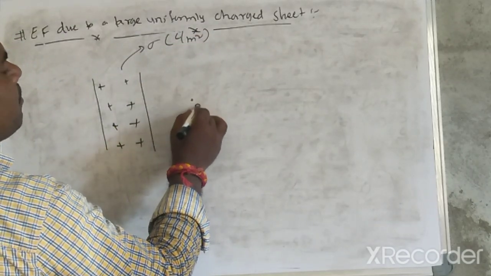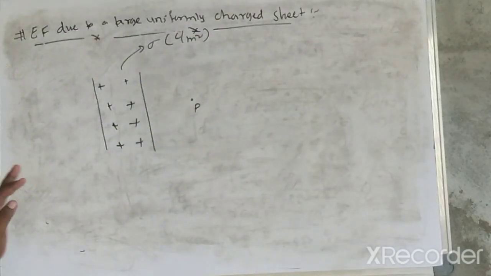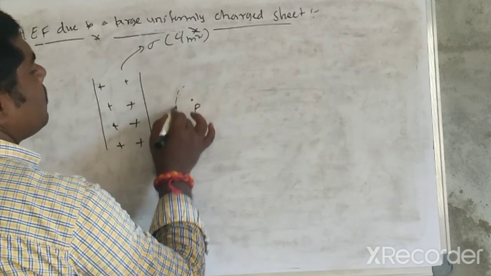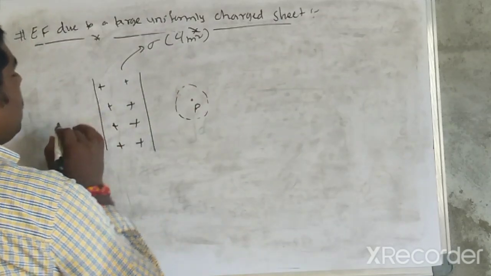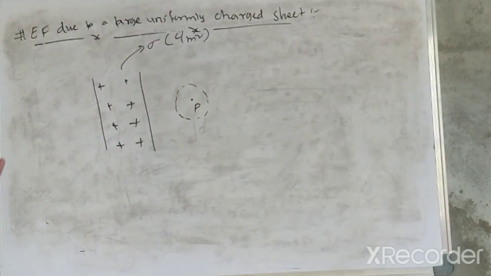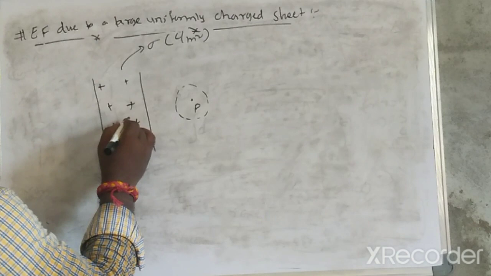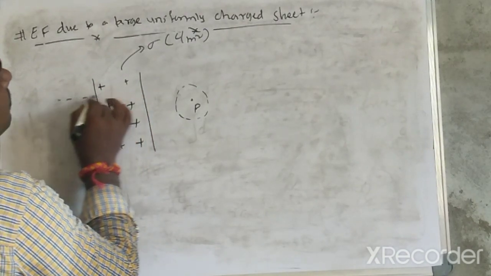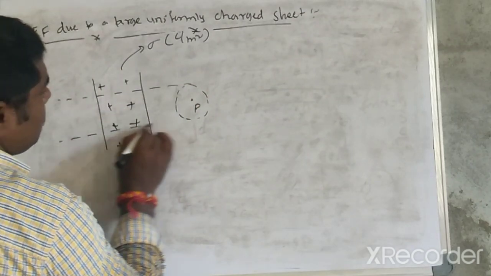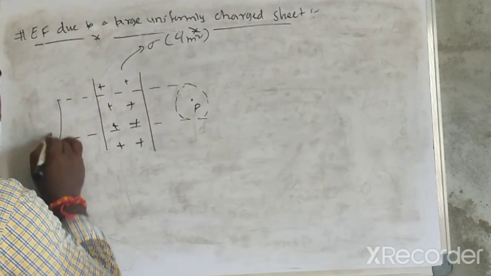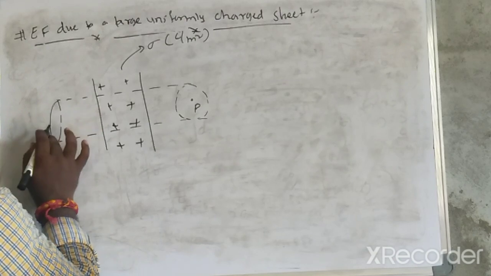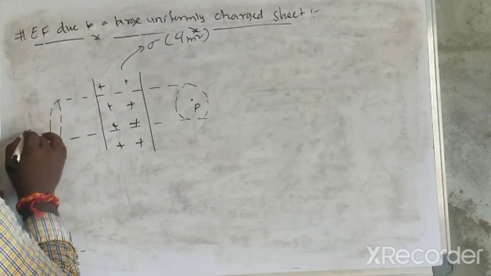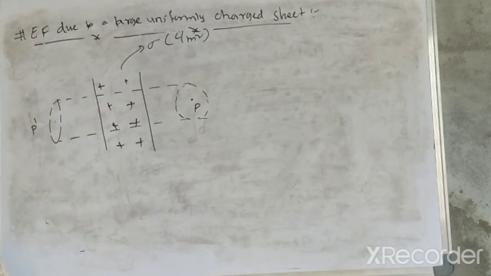Here is the point P. For this point P, you may draw the Gaussian surface like this. This is the Gaussian surface. On the left side, at the same distance from the center of the Gaussian surface, there is also a Gaussian surface end, with the point we consider P dash.